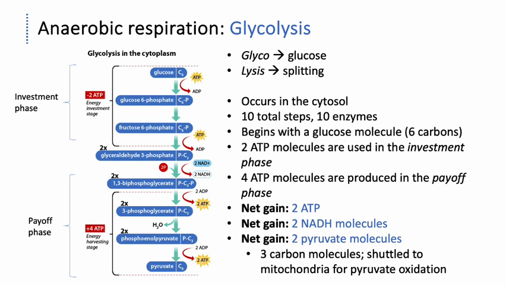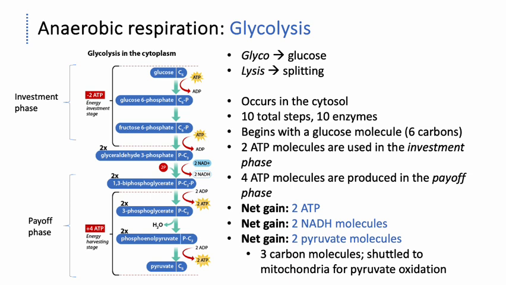So pay attention here. We have a 6-carbon molecule, and through a series of 10 steps, all facilitated by enzymes, we are going to take the 6-carbon glucose and break it into two 3-carbon molecules called pyruvate.